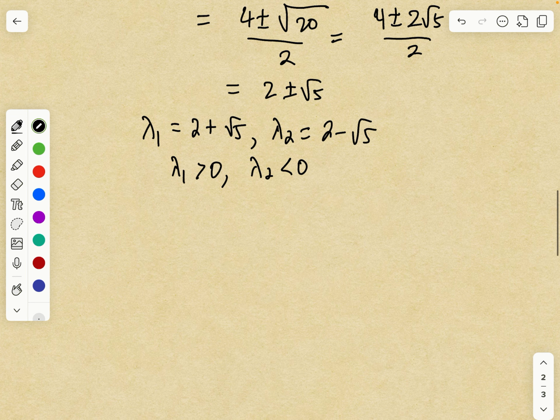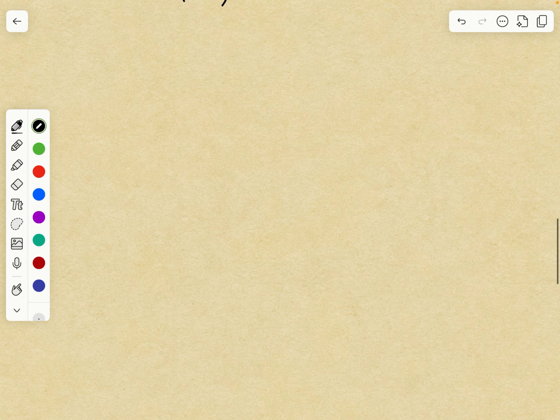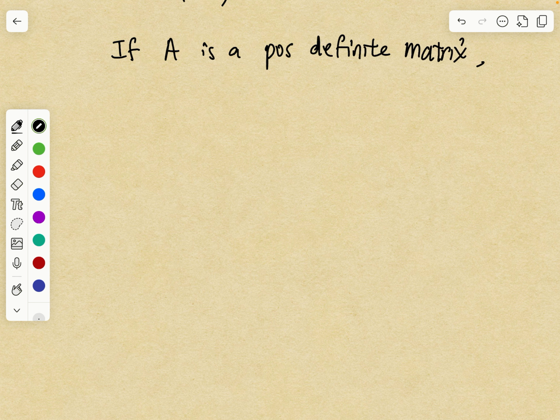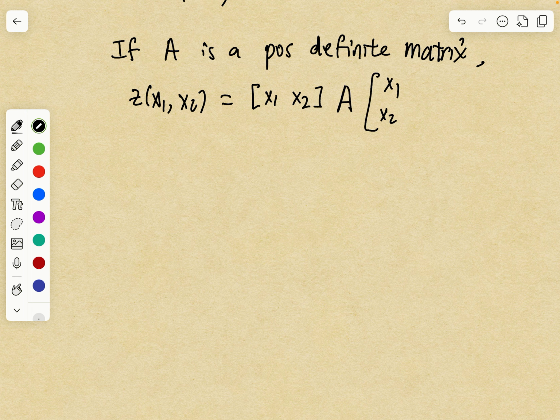By the way, how is the notion of positive definite related to quadratic forms? If A is a positive definite matrix, one thing we've seen is that when you take the quadratic form, which is z of x1, x2, and let's just stick to 2 by 2 matrices in this video, you take the quadratic form x1, x2 times A times this column vector x1, x2.